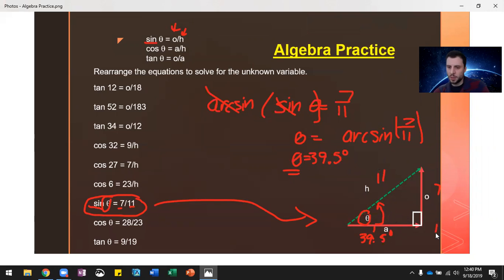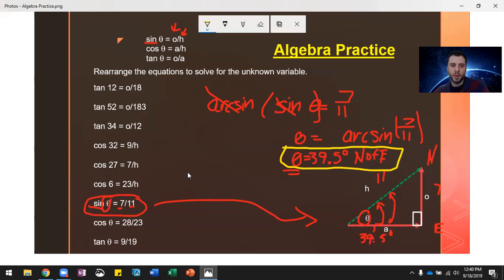And in this case, if this is east and this is north, we started out going east, then we went north, so this is going to be 39.5 degrees north of east, right? We drew our angle. We started down here at east and we drew it up north. There is how you can rearrange these equations and solve for theta.